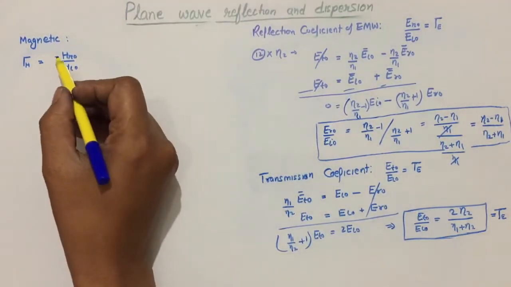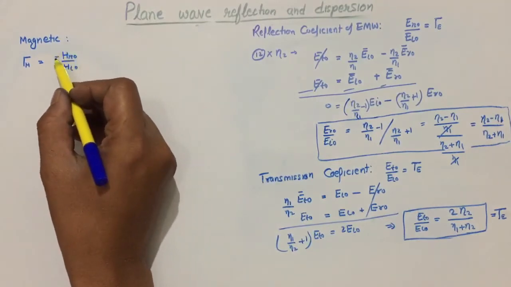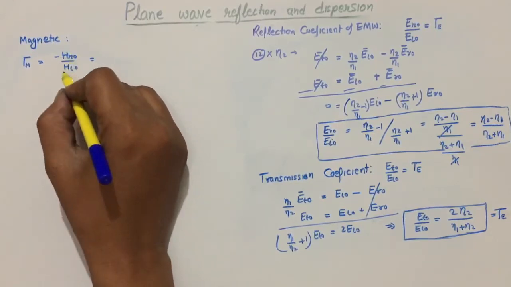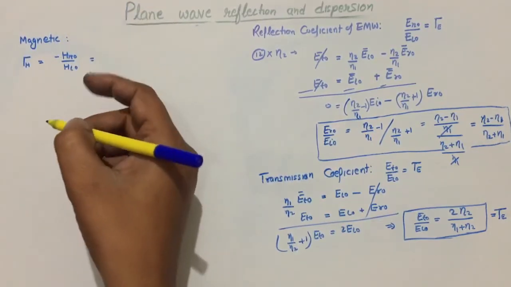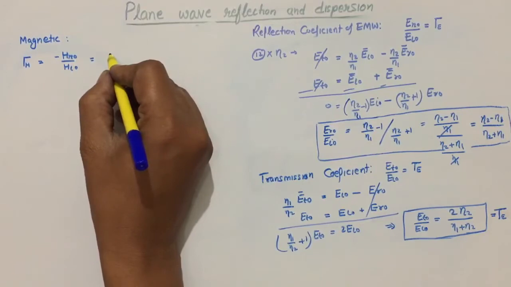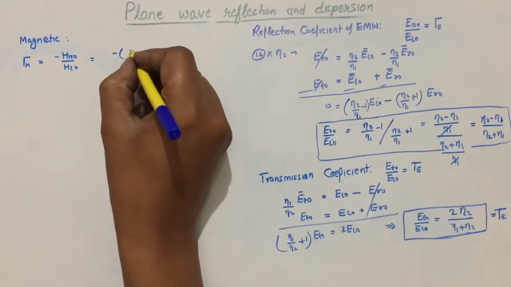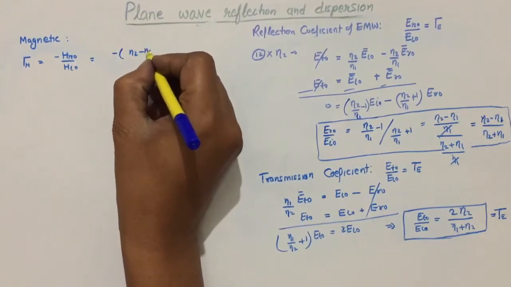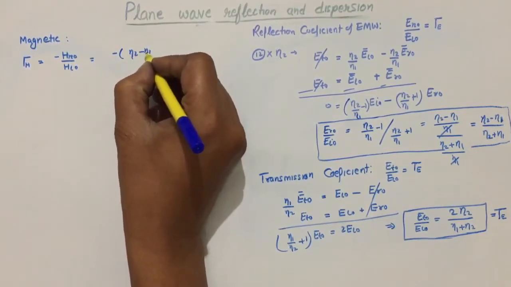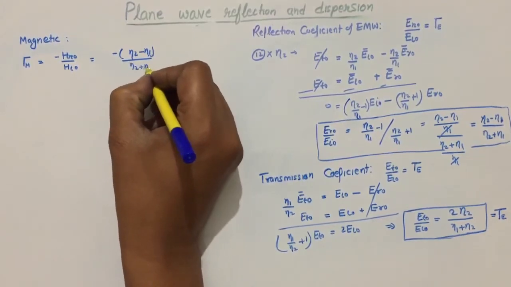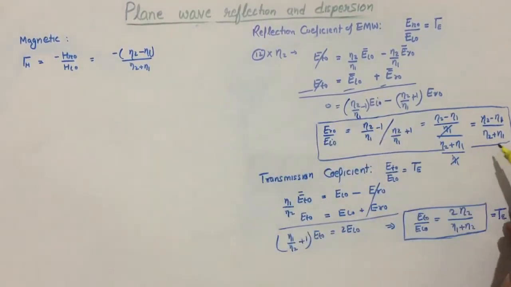However, the direction of H is opposite to E, so a minus sign is placed here, and the ratio of these two will be same as it was in the case of electric field. So it will be minus times minus, eta 2 minus eta 1 divided by eta 2 plus eta 1, as we have done here.